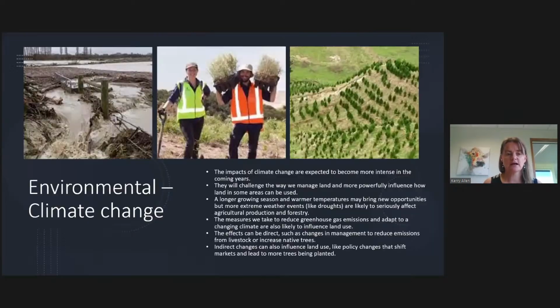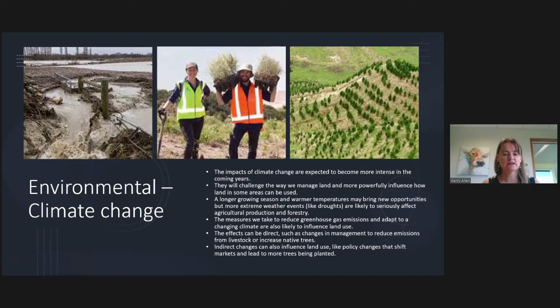Okay, lastly, and this is one that's current and going to probably play a bigger part in the future, and that is climate change. So here, we're not really sure of what the impacts are going to be, but we have had a fairly good indication that it will be higher temperatures, and therefore it will be a longer growing season, but it will mean less water, more likely to have droughts.